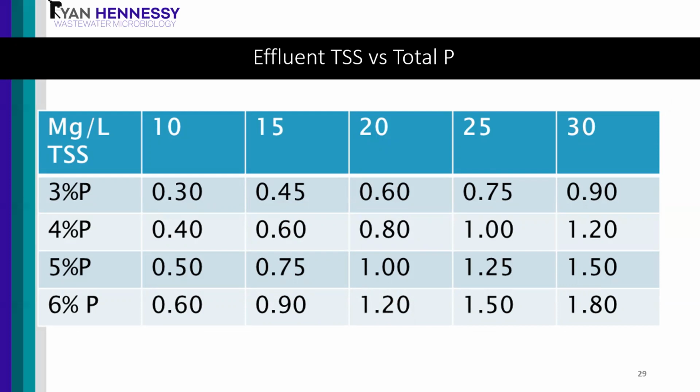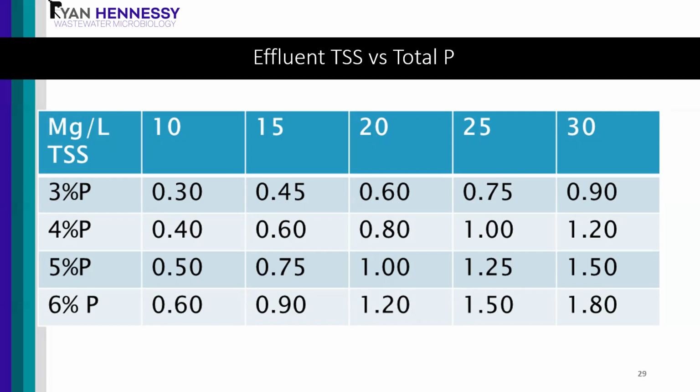One consideration, if you have biological phosphorus removal occurring, is you're going to have a significantly higher amount of phosphorus per dry weight of the bacteria. So if you have a limit and you have more PAOs in the system, you're going to get much closer to that phosphorus limit with significantly less suspended solids in the effluent.